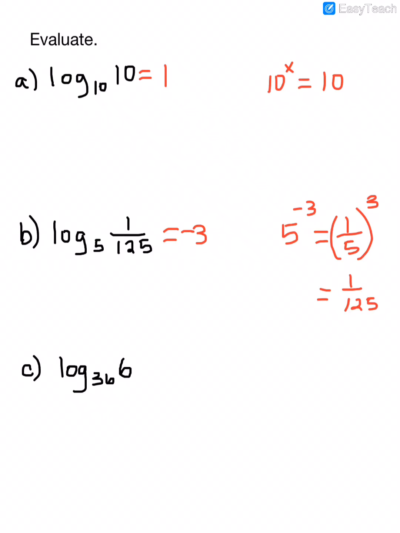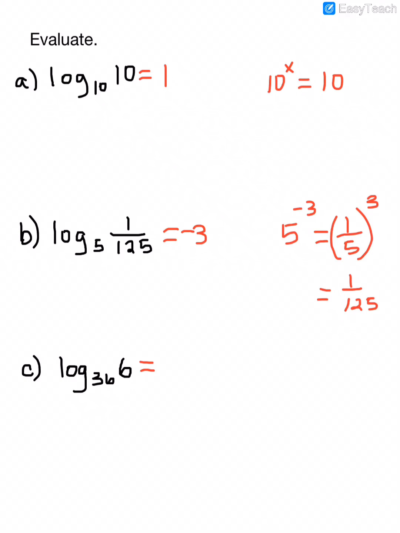Okay, for C, we have log base 36 of 6 equals what? So we're saying, what power can we raise 36 to get 6? This time, instead of my number getting bigger, it's getting smaller. Can you think of what we can do to 36 to get 6?